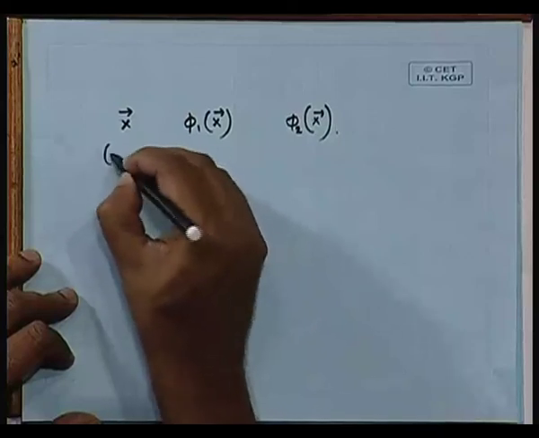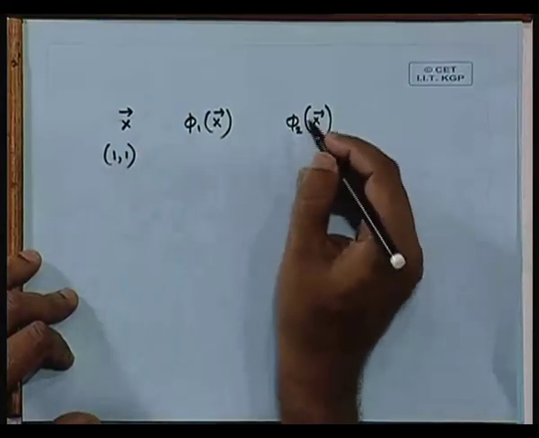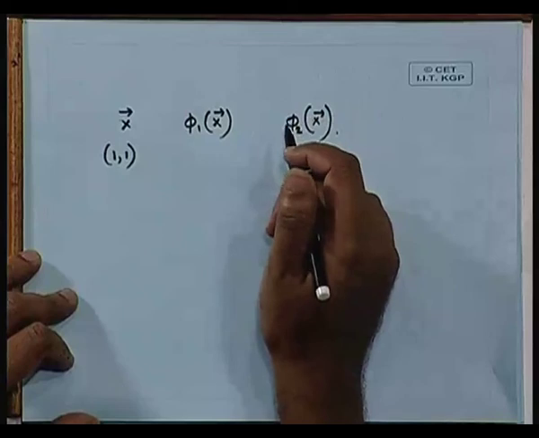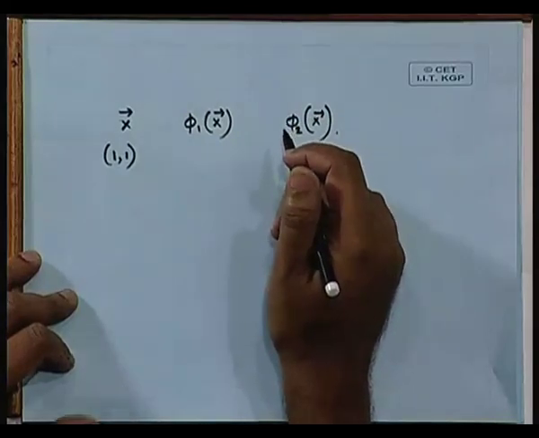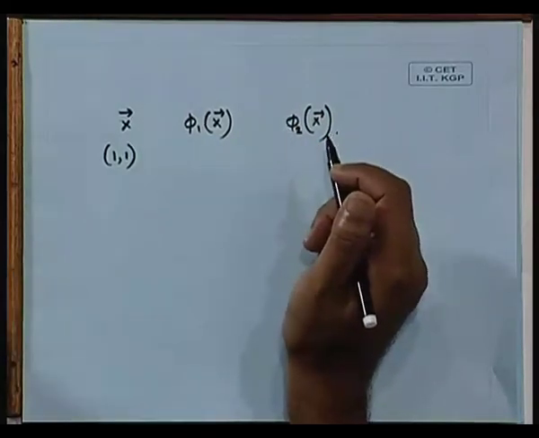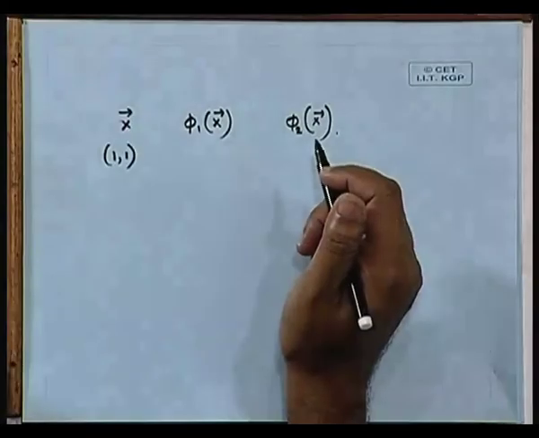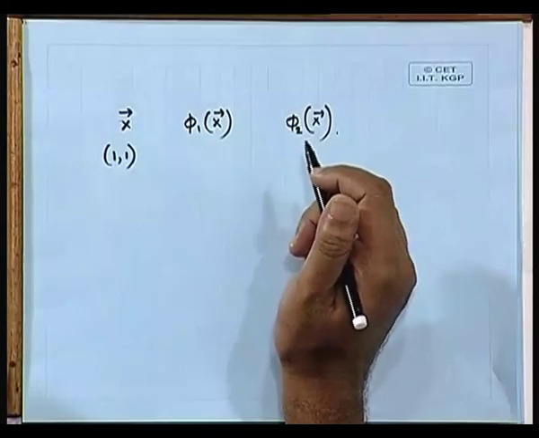And when x vector is equal to 1 1, then phi 1 vector gives what? A value of e to the power 0. E to the power 0 means the phi 1 value is equal to 1.